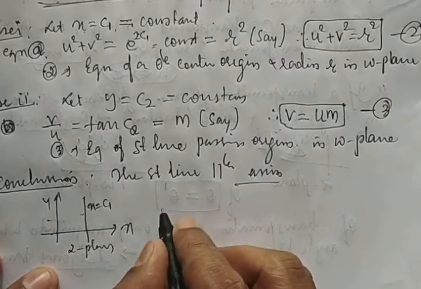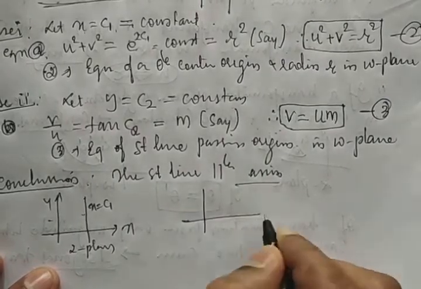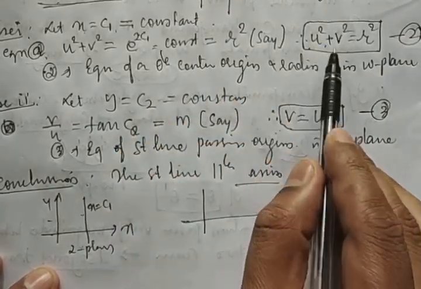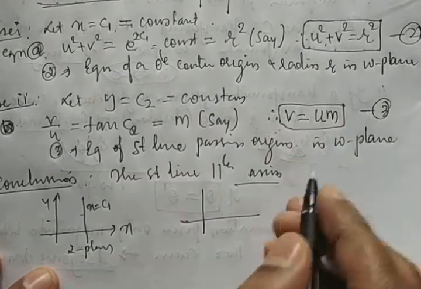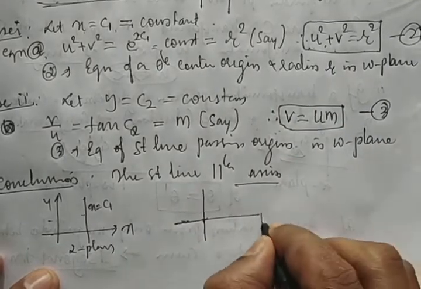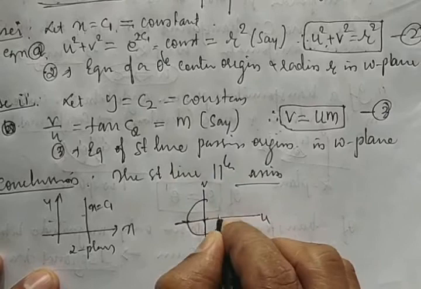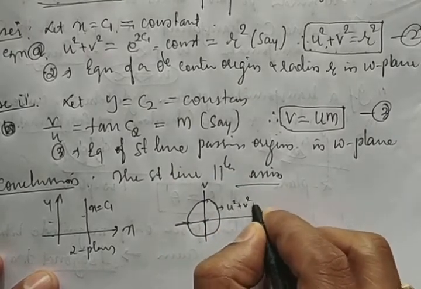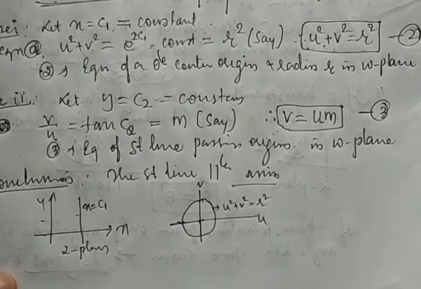What happens in the omega plane? In the omega plane, due to that equation, we got u square plus v square equal to r square, which is nothing but the equation of a circle.